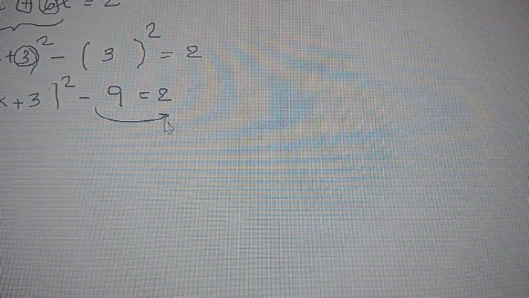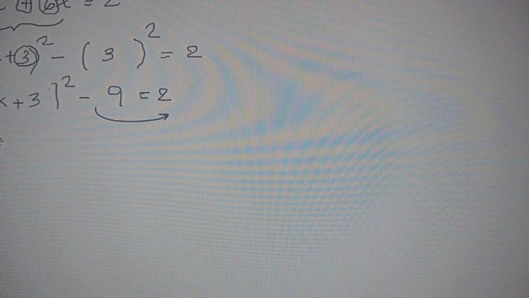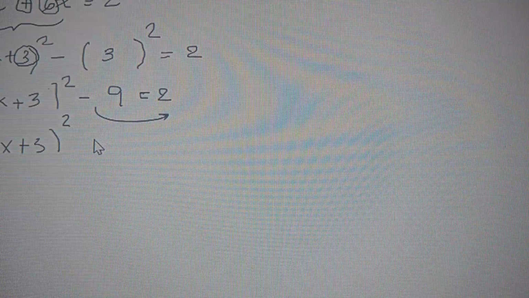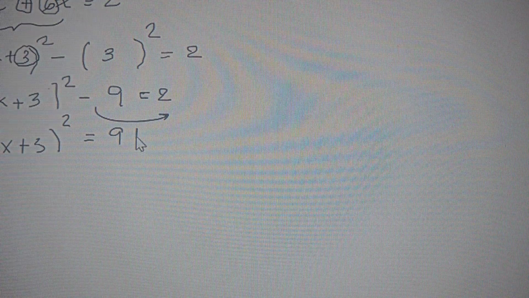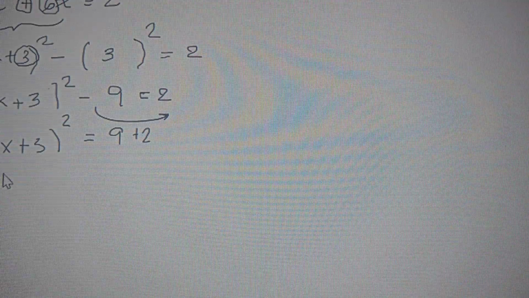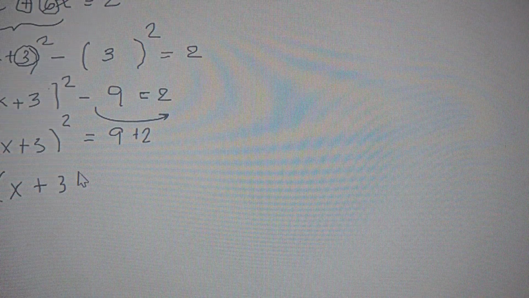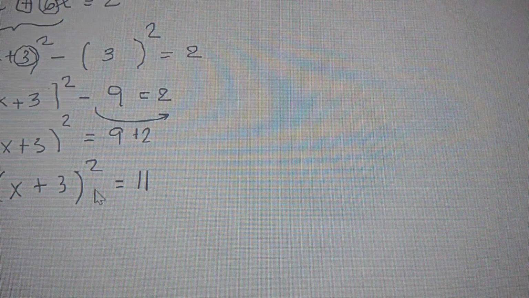Right, by translating that negative 9 to the other side, we end up with x plus 3 squared is equal to 9 plus 2. In other words, x plus 3 squared is equal to 11.